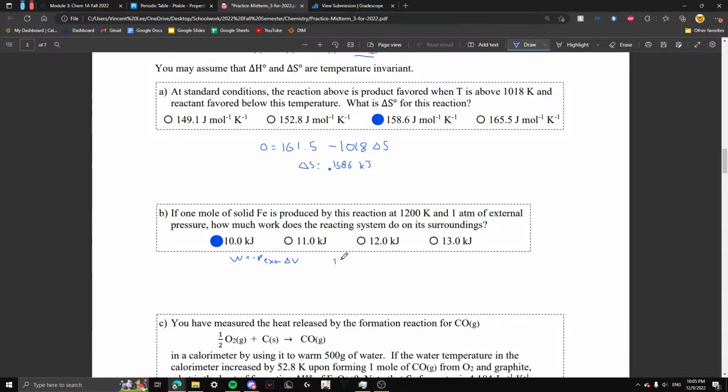And pressure is 1, delta V is unknown, n is 1, R and T are both given, delta V is like 98.47, and then work is 98.